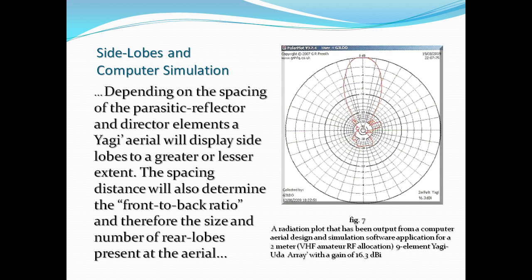Figure 7 shows a radiation plot that's been output from a computer aerial design and simulation software application for a 2 meter 9-element Yagi-Uda array with a gain of 16.3 decibels relative to an isotropic radiator. An isotropic radiator being a theoretically perfect omnidirectional antenna.